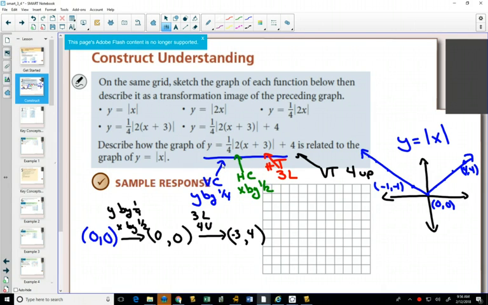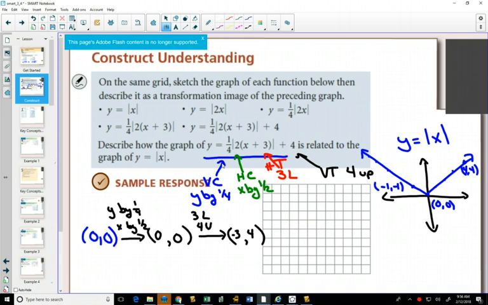I could choose -1, -1, but then I'm going to be working with fractions and then having to add numbers to fractions. It's not impossible, but why make your life harder when it doesn't need to be?